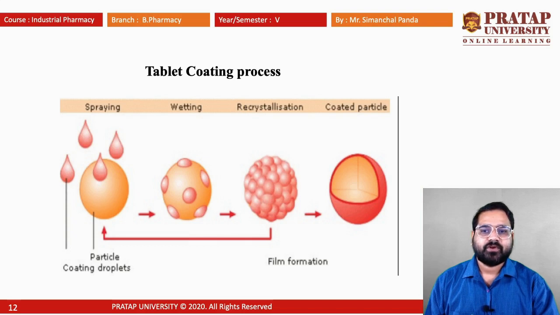Then the wetting process, where it tries to absorb on the surface of the core material and spread. After that, it goes for recrystallization, in which the particles attract each other, an elastic force is generated between them, and it forms a coating layer. The adhesive and cohesive forces act between the coating material itself and between the core material and the coating material molecules. After crystallization, it will have the coated particle and film formation will take place. We can see in the diagram.